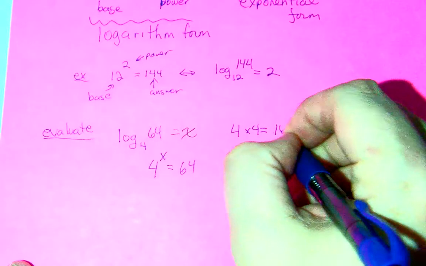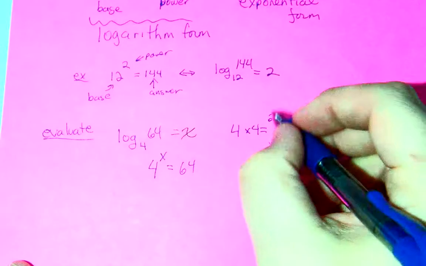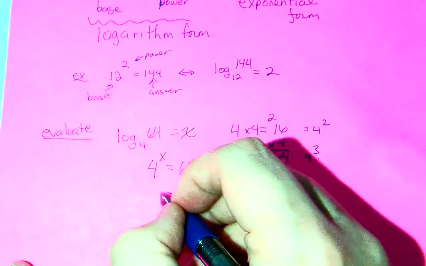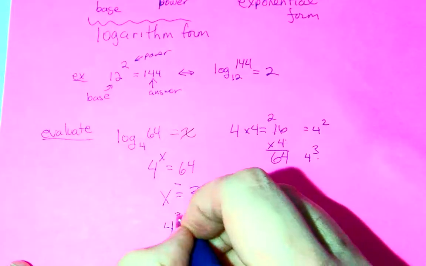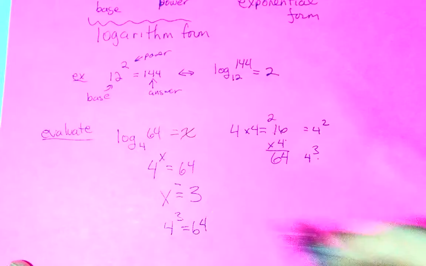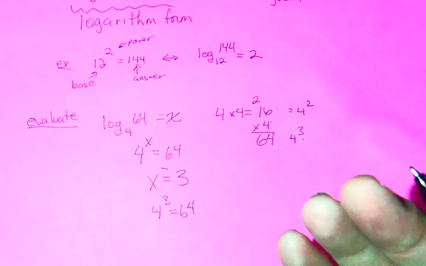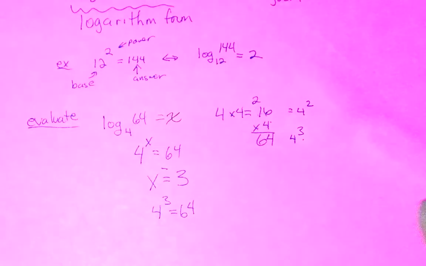So I'm going to multiply it by another 4. 6 times 4 is 24. Carry the 2. 4, that's a 6. 64, that's 4 cubed. Works out. I know x is going to be equal to 3 because 4 cubed is equal to 64. So that is the meaning of what we have in these different cases.